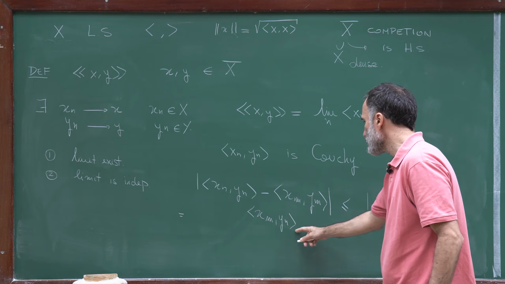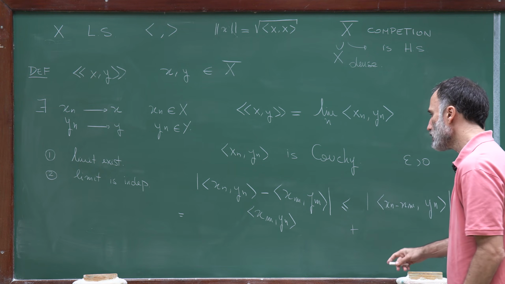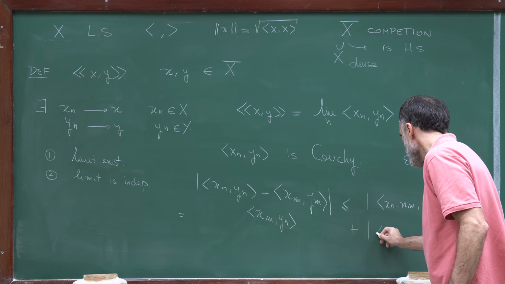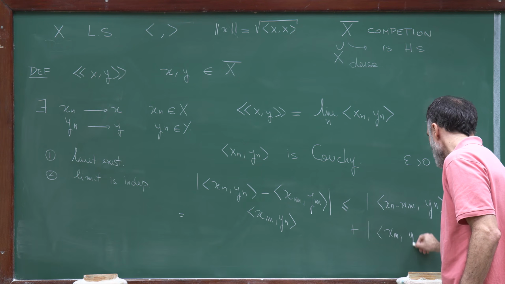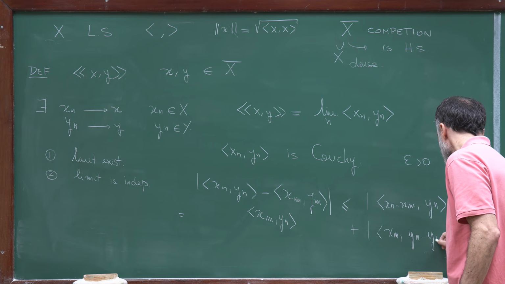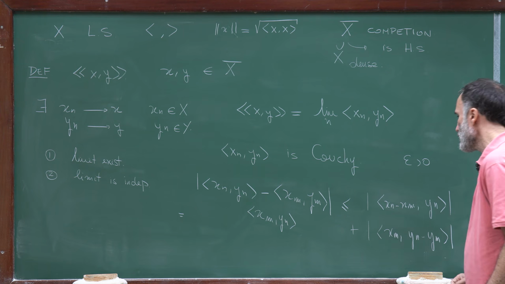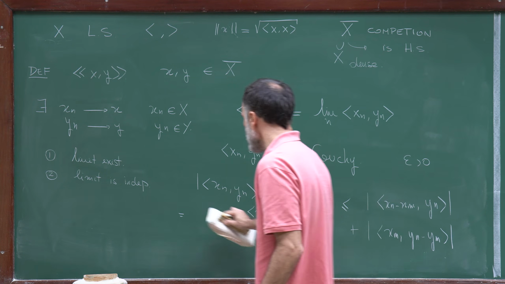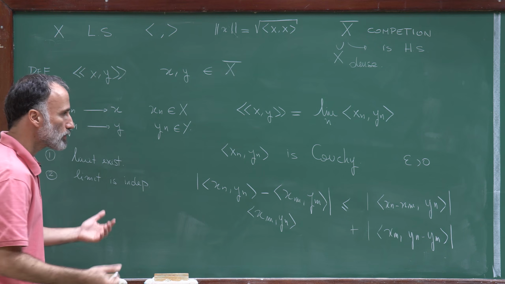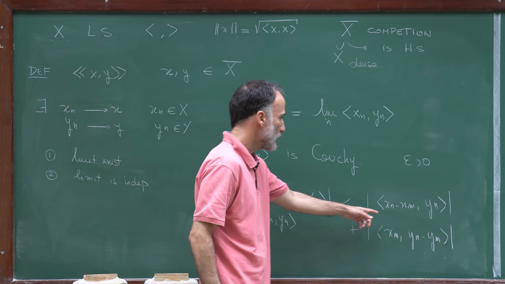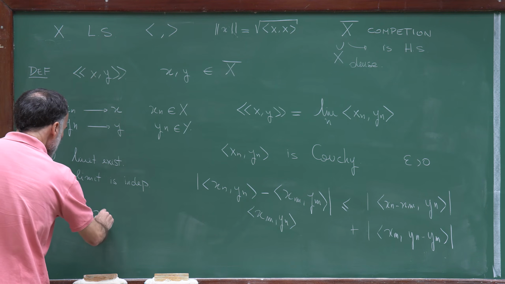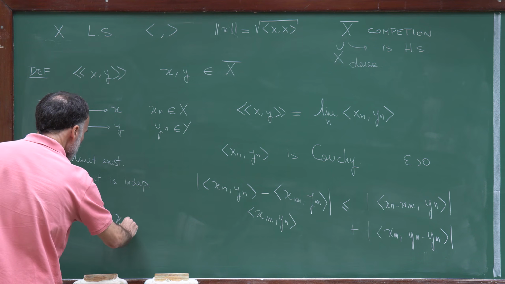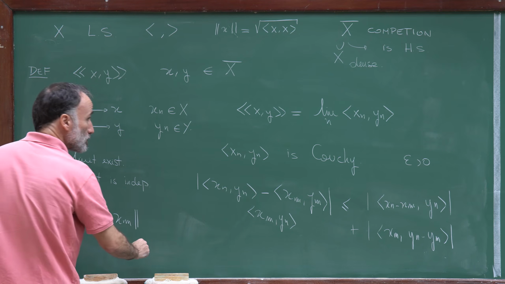And then I'm comparing these two, and these two by linearity are equal to (xm, yn minus ym). Now I can use the Schwarz inequality, so you see that the Schwarz inequality will appear many, many times, to bound this expression by the norm of xn minus xm times the norm of yn.